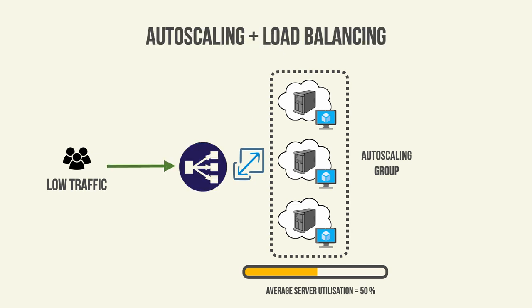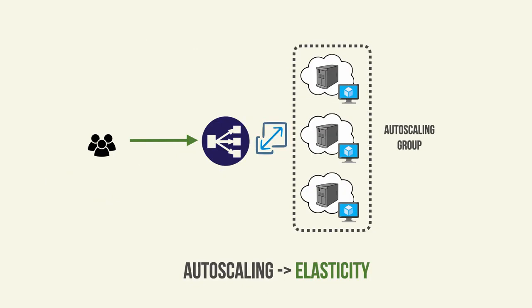In reality, what also happens is you add an additional load balancer in front of your auto-scaling group. This particular feature ensures that the load, the traffic, the requests that come from your users are distributed evenly between all the servers that are available in your auto-scaling group, to ensure that no servers are being overworked or underworked. And this ability to auto-scale enables one of the huge benefits of cloud, and that's elasticity, or automated elasticity, which basically allows your infrastructure to automatically scale in and out based on demand.